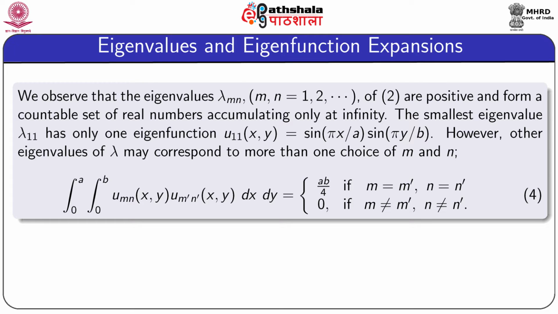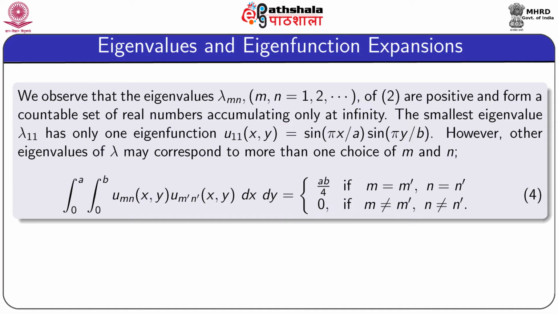Now, if you observe the eigenvalues lambda mn, they are positive because each is a sum of two positive numbers, and they form a countable set of real numbers accumulating only at infinity. It is to be noted that the smallest eigenvalue, denoted by lambda 1 1, corresponds to m equals 1 and n equals 1.